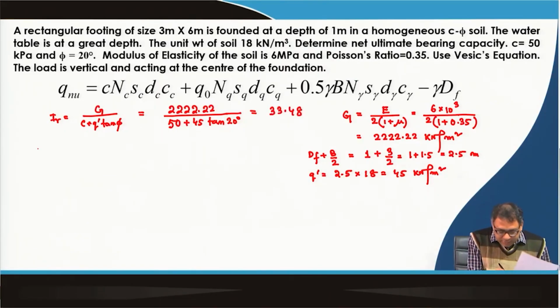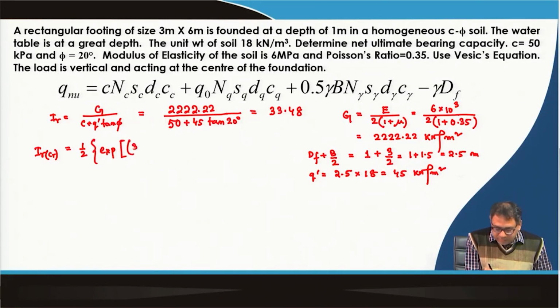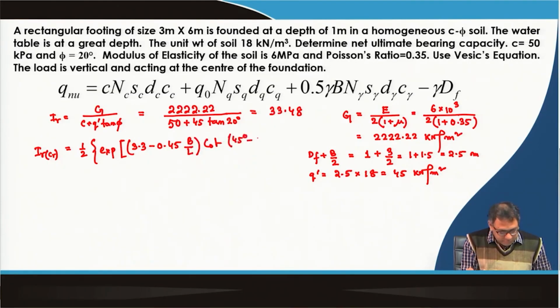Now, I will calculate the IR critical, which is half, then exp of (3.3 minus 0.45 B by L) into cot of (45 degree minus phi by 2).